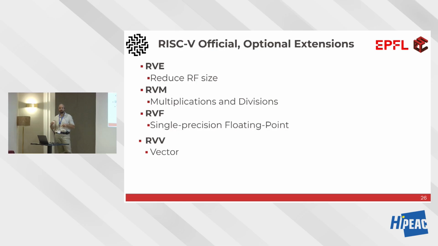Custom extensions are not RISC-V, but are compatible with RISC-V, but they are not defined by the RISC-V Foundation. So whatever is defined there, it's you guys, users of RISC-V, defining it. It's not the foundation.